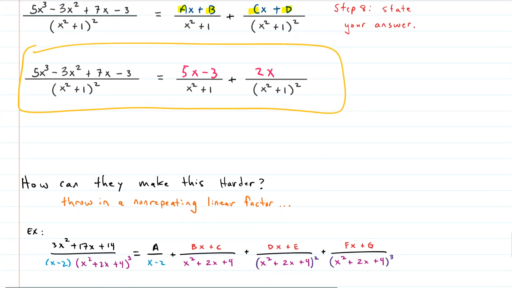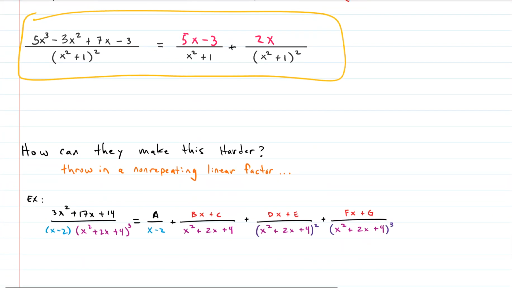So how could they make this harder? Well, they could throw in other factors, or they could throw in a non-repeating linear factor, as we see here. So in this case, you see that we have a quadratic that's repeated 3 times, and we have a non-repeated linear.